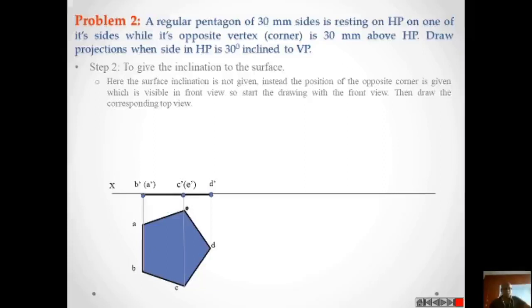What they have mentioned is the edge AB is on HP, while the opposite corner D is 30 mm above HP. So you draw a line at 30 mm from HP.